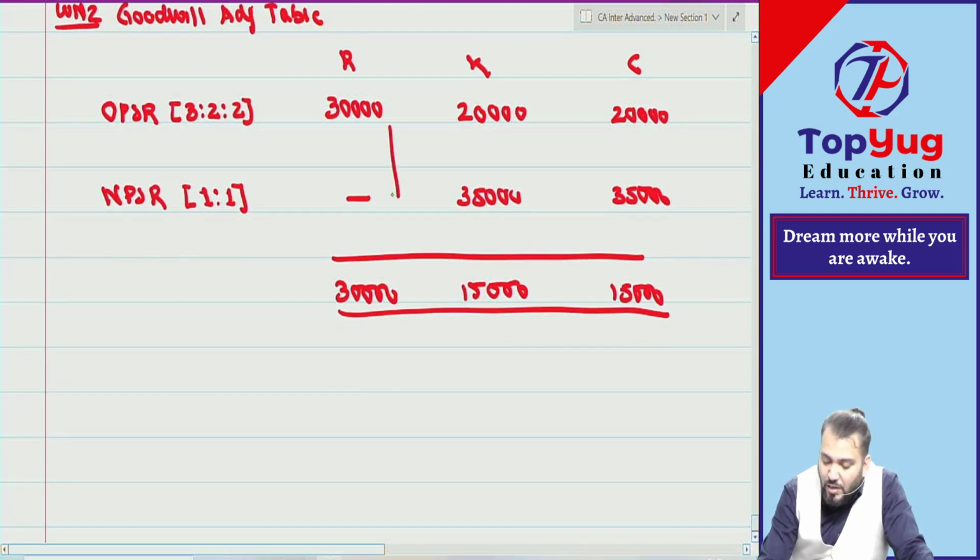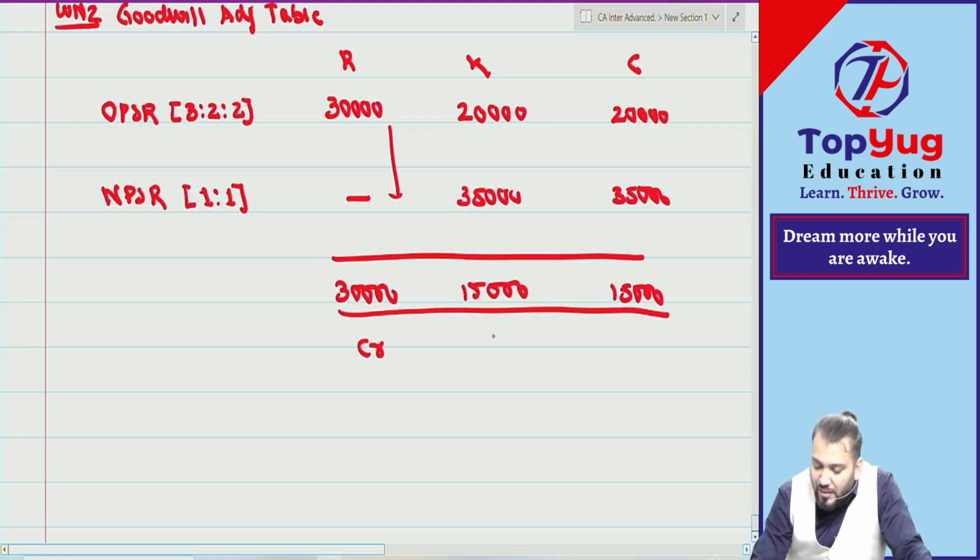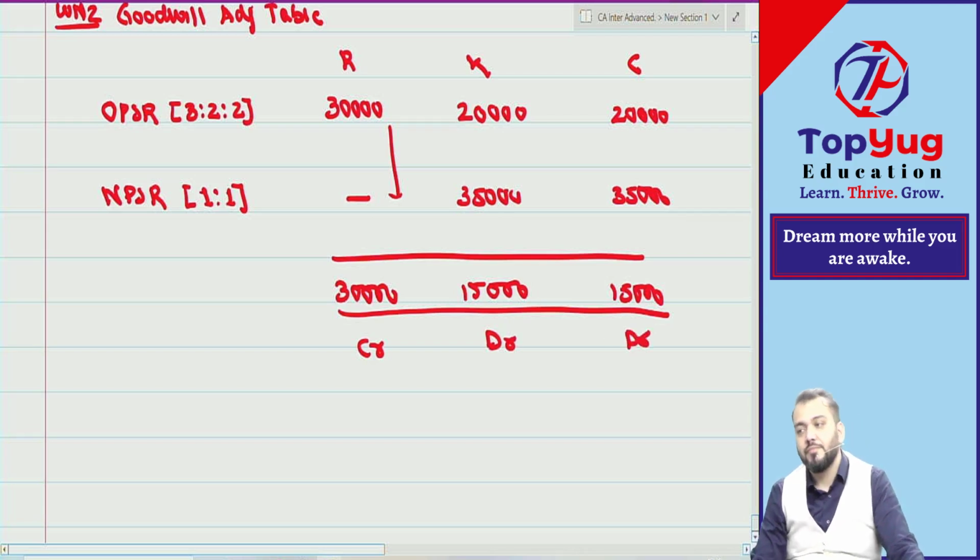Arre bhai, it is decreasing. It means how much goodwill belonged to R, but now how much is he getting? Nothing. He is sacrificing now. So the sacrificing partner will be credited. Then K and C are gaining partners. We can do the journal entry. So it is K account debit, C account debit, to R account.